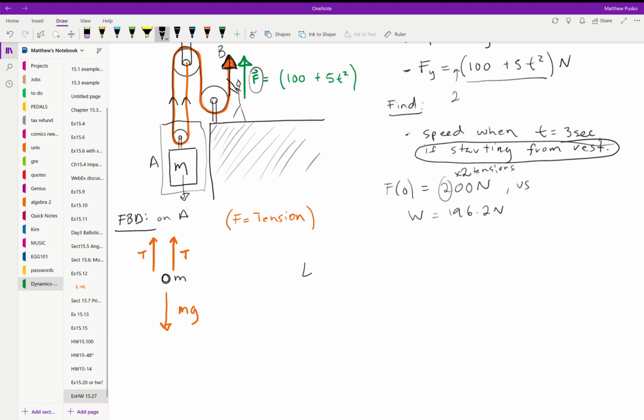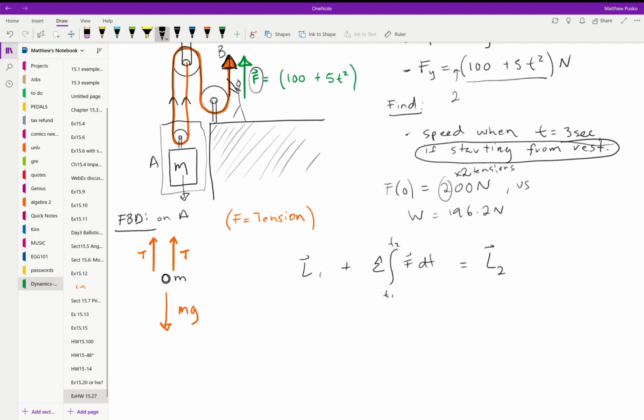So let's use linear impulse momentum theory. So L1 plus the summation of our impulses, and there is a summation this time, of all the forces acting over a time period T1 to T2 gives us our new linear momentum.